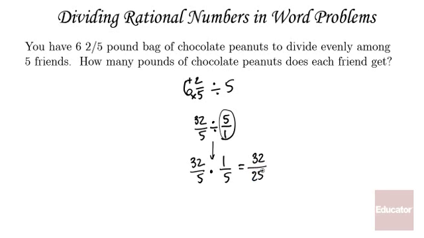And let's change 32 over 25 back into a mixed number. 25 goes into 32 once, leaving us a remainder of 7. So that becomes 1 and 7 over 25 pounds. So each friend gets 1 and 7 over 25 pounds of chocolate peanuts.